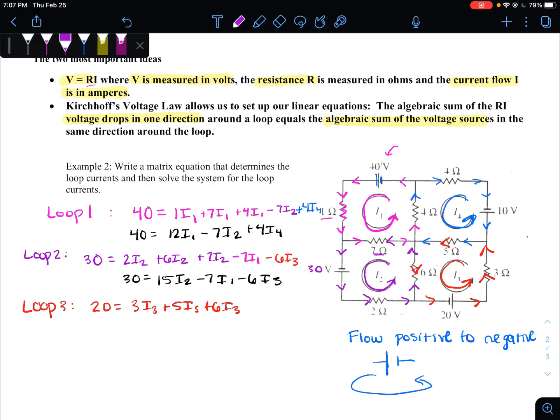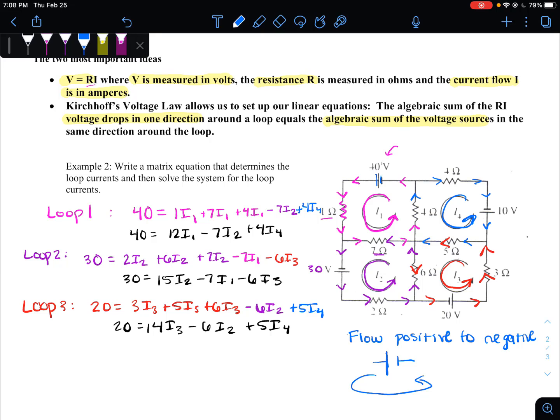So we're going the opposite direction of I2, minus 6 I2, and in the same direction as I4, plus 5 I4. Combining everything together, I get 20 equals 14 I3 minus 6 I2 plus 5 I4.